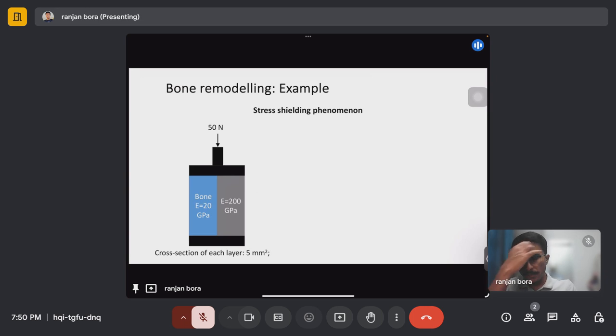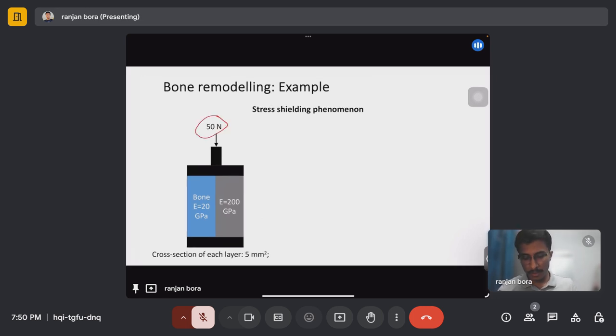So now I will solve that problem. If we apply a force of 50 Newton, then what will be the stress in bone and stress in implant? We know that the bone and implant are intact, meaning they are in contact.